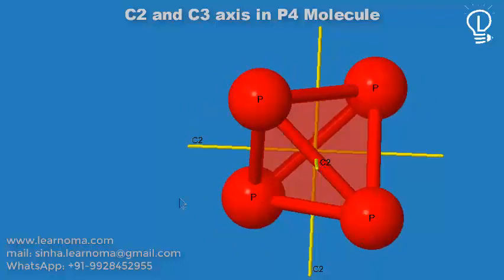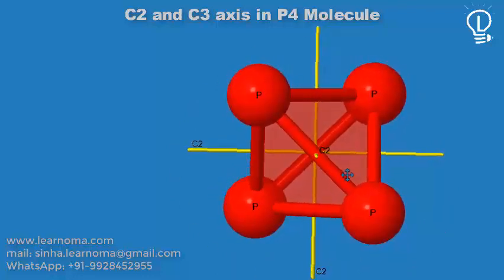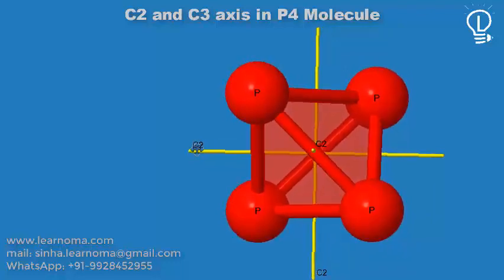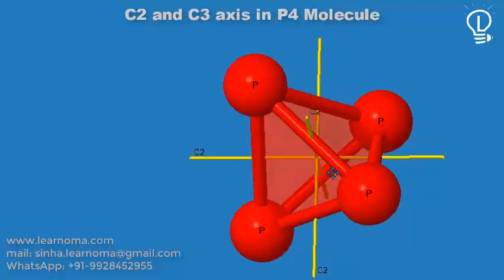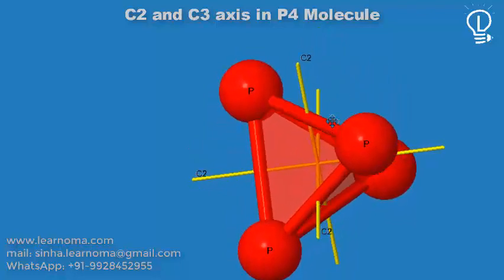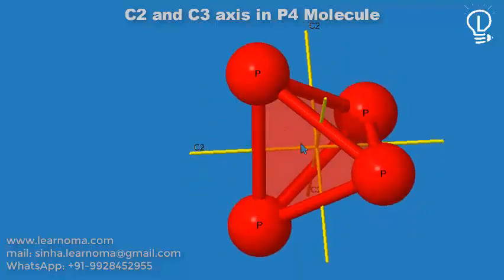If I rotate like this on this axis, it will come to its original position 2 times for every 360 degrees. In the same manner, this axis is also a C2 axis. If the molecule rotates like this, it will come to its original position for every 180 degrees, overall 2 times in 360 degrees.